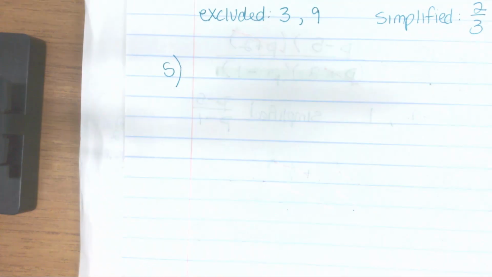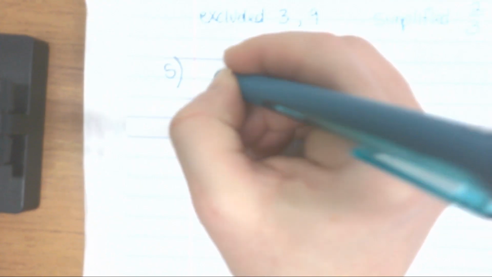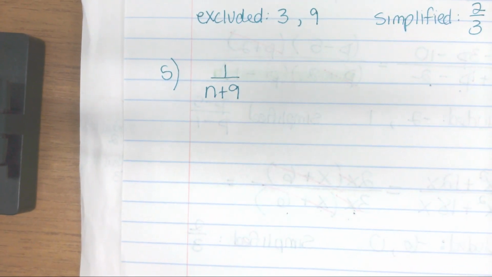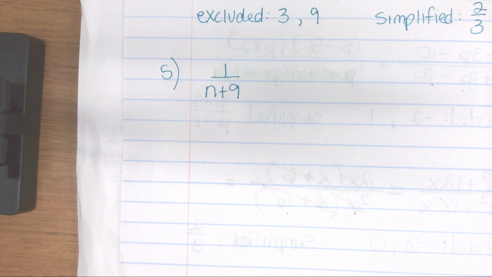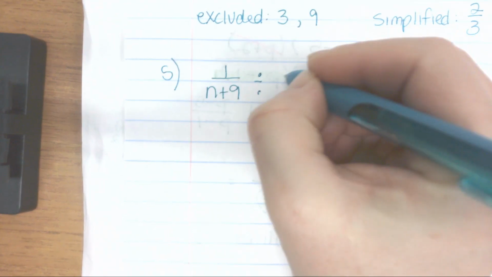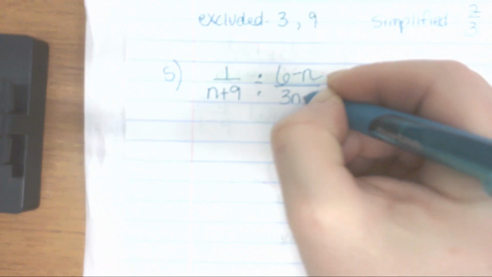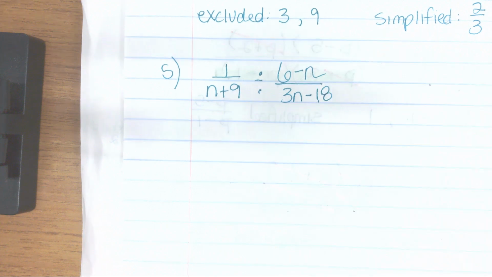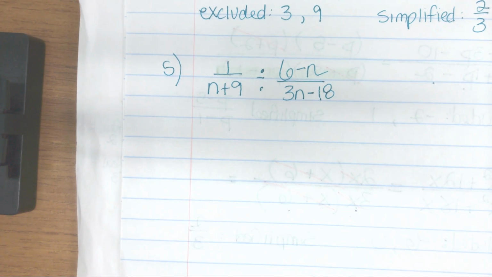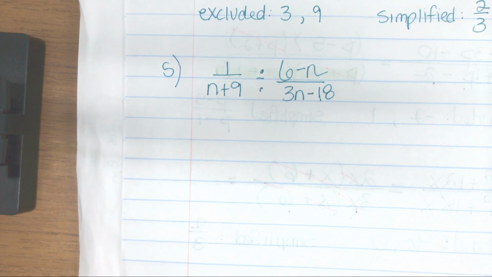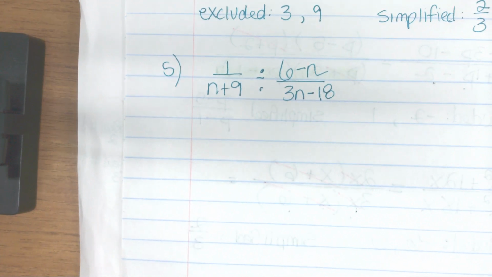But this time we have 1 over n plus 9. And instead of multiplication, we have divided by 6 minus n over 3n minus 18. Okay, so because of this division, this is the first time I saw this on this lesson.